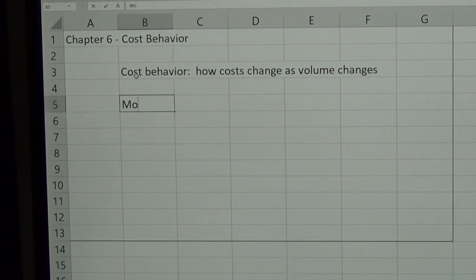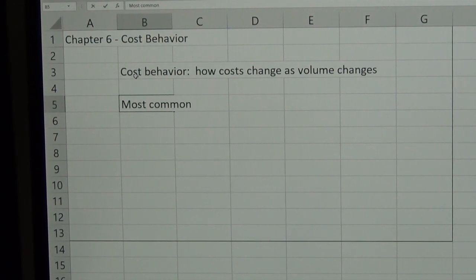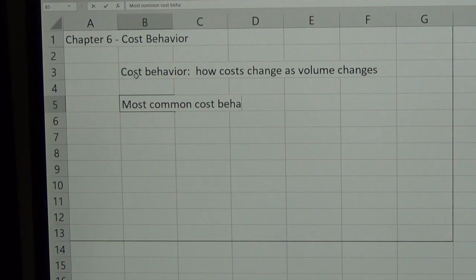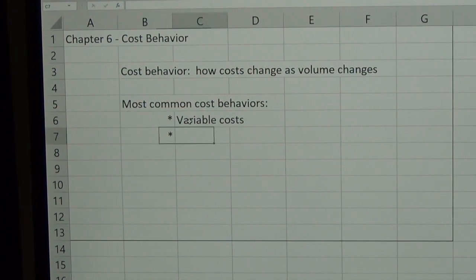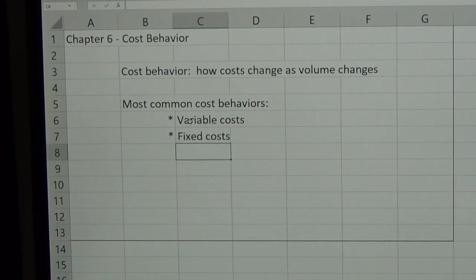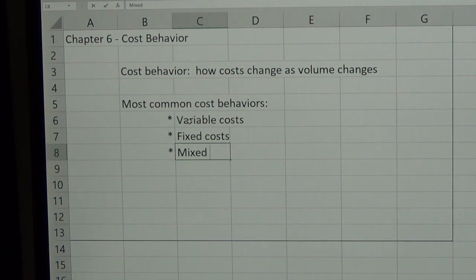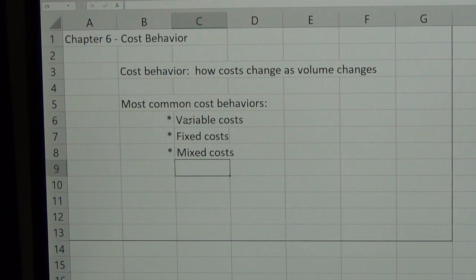So the most common cost behaviors include variable costs, fixed costs, and mixed costs.